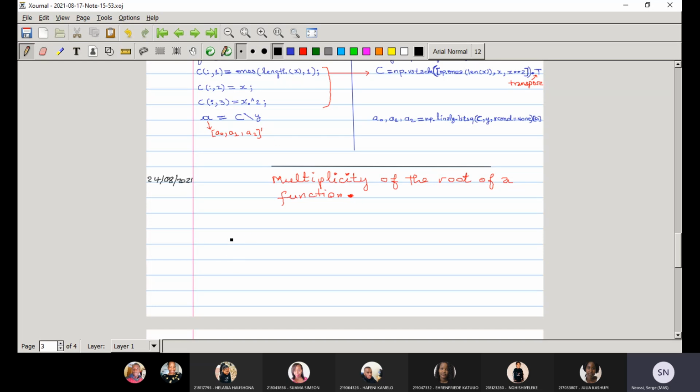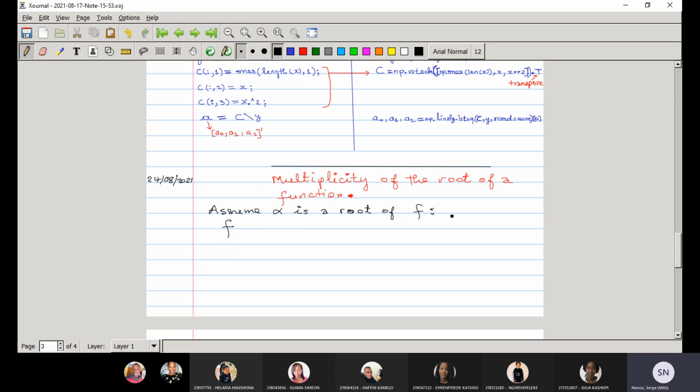Okay, now let's assume that x, let's call it alpha. So assume alpha is a root of the function f.